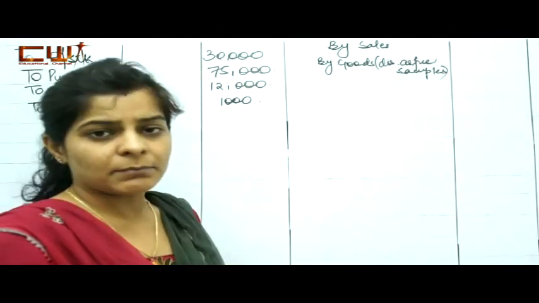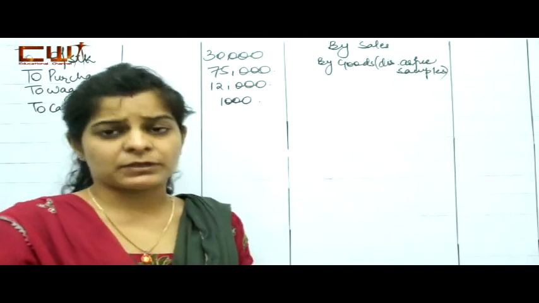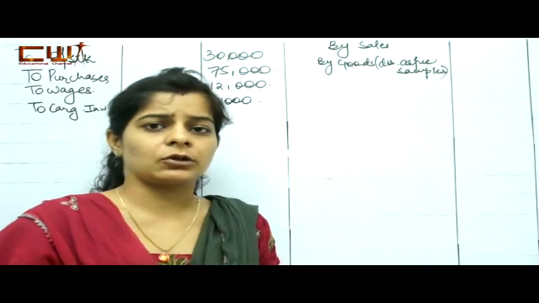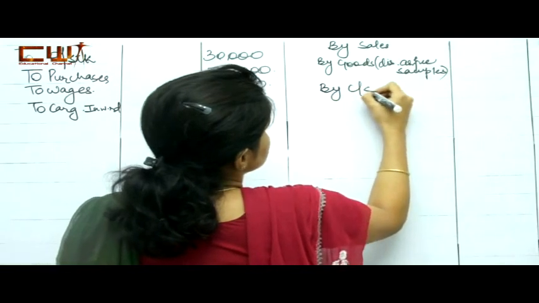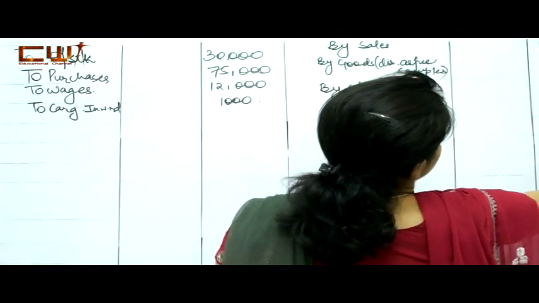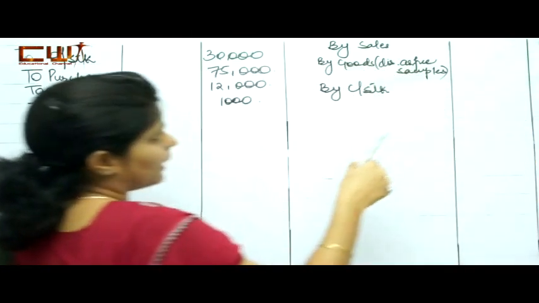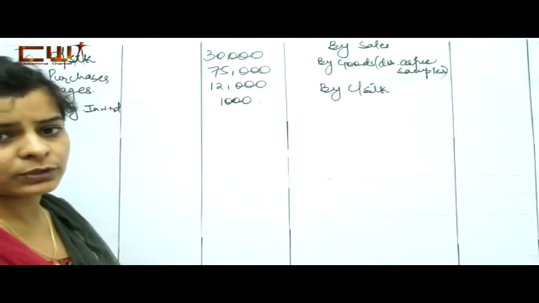Closing stock valued at market price is 60,000, whereas the cost price is 50,000. So we will always take it on the cost price. So it will be by closing stock, 50,000. Right? So you have 1 lakh, 4,000 and 50,000, that is 1 lakh 54,000.